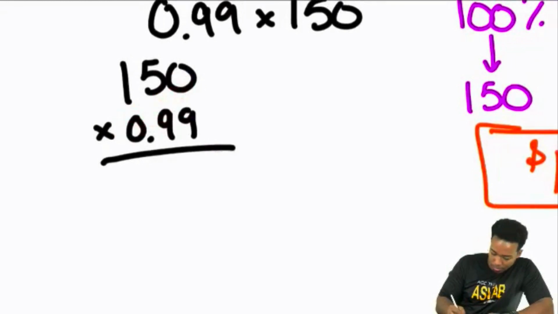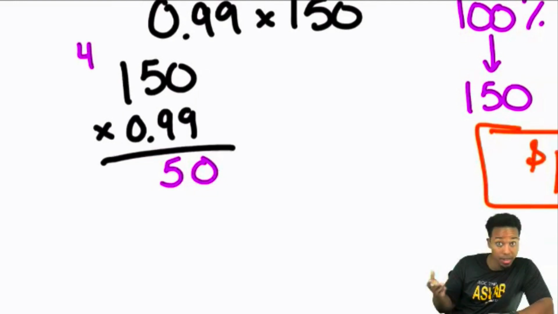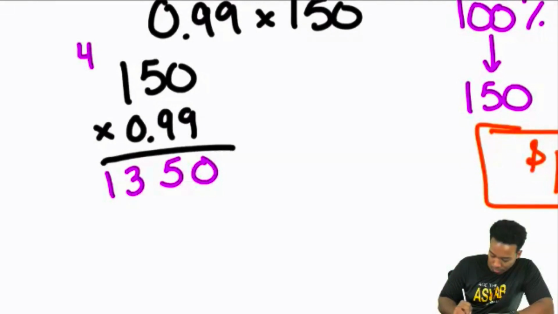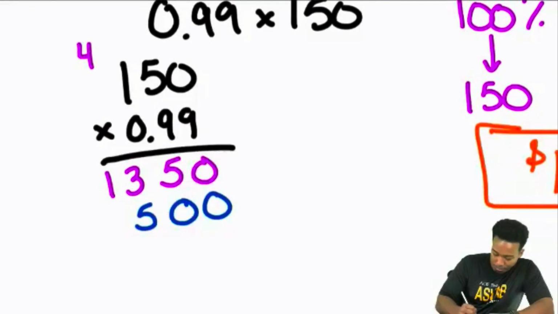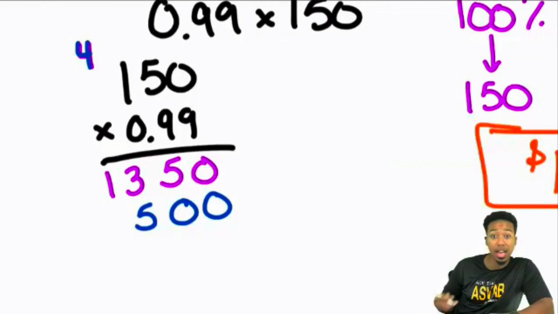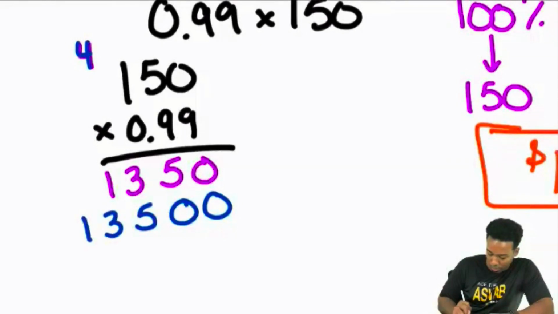0 times 9 gives you 0. 5 times 9 gives you 45. 1 times 9 gives you 9. Then you add the 4, gives you 13. Next, we'll carry the 0. 0 times 9 gives you 0. 5 times 9 gives you 45. 1 times 9 gives you 9. Add the 4 gives you 13.